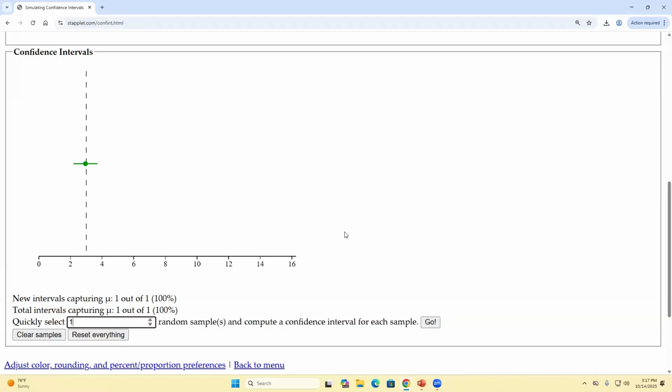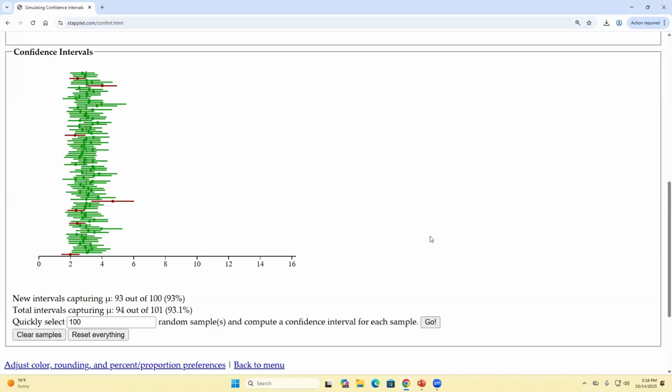So far, so good? All right, so let's get 100 samples back up here for display. So there are our 100 samples. I mentioned that what we wanted to see was what affects the margin of error when you're dealing with confidence intervals. The margin of error is the arms of the confidence intervals.